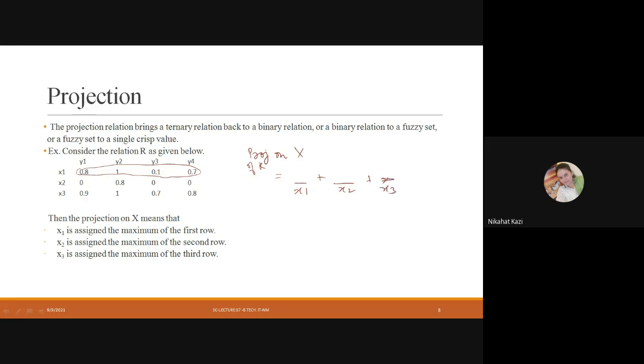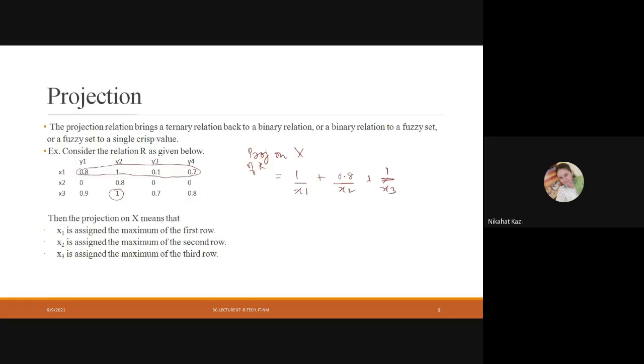The membership value associated with the element X1 will be the maximum of all these Y values. So this will be 1 over X1. Similarly, look at the second row, and whatever is the maximum value will come with X2. Finally, for X3, whichever is the max value will come with X3. So this is the projection operation.